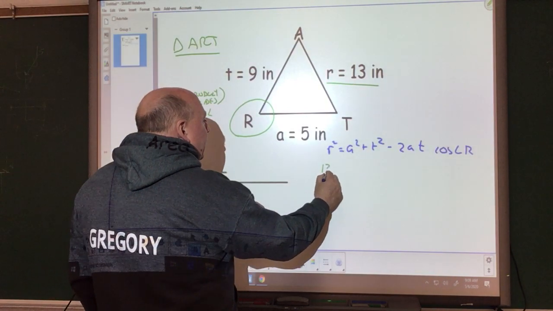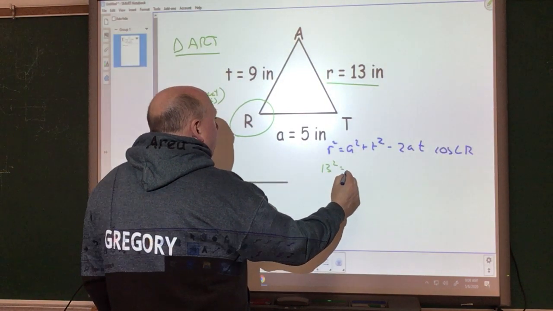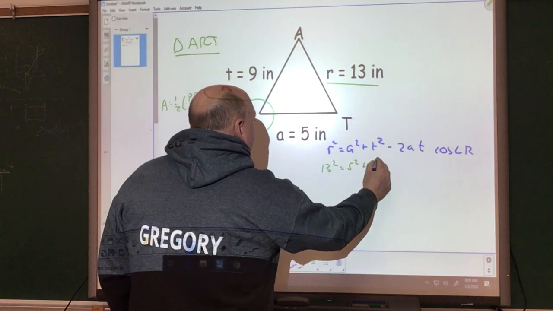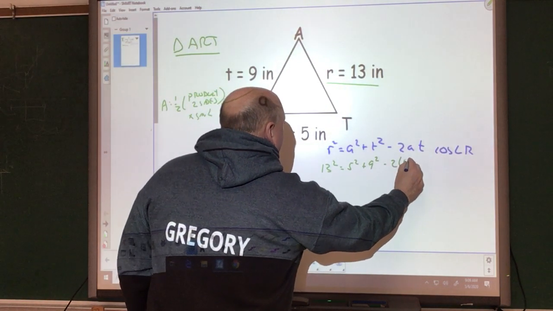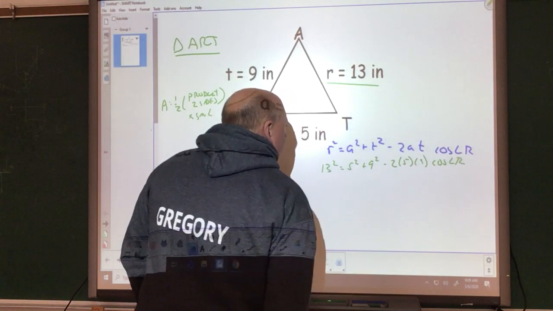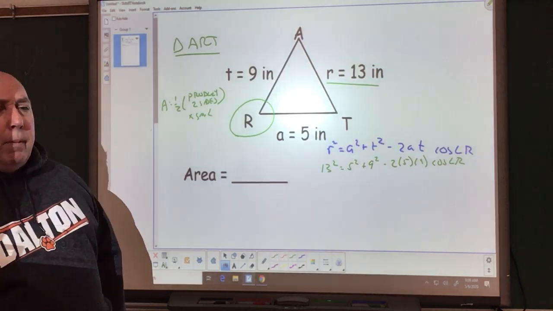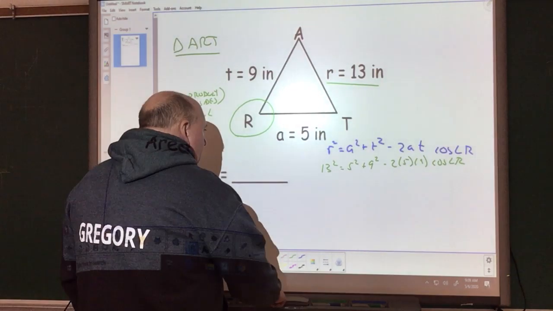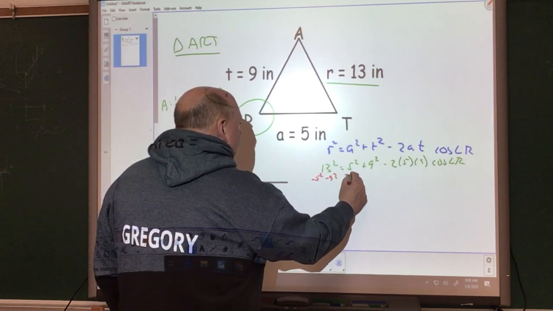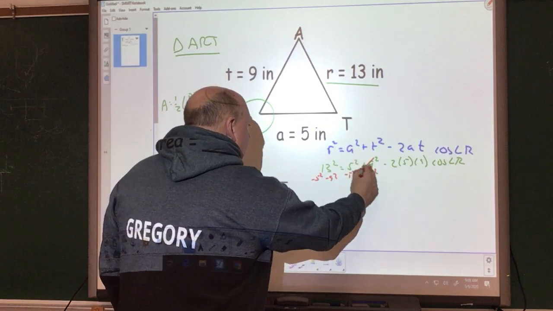So we have 13 squared is equal to a squared, which is 5 squared, plus 9 squared, minus 2 times 5 times 9 cosine of angle R. Now we have to remember how to solve this. Hopefully remember, minus 5 squared and minus 9 squared gets rid of these.